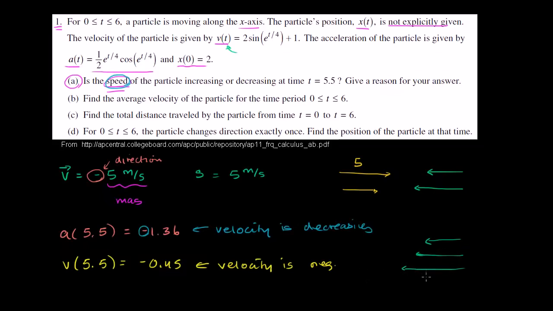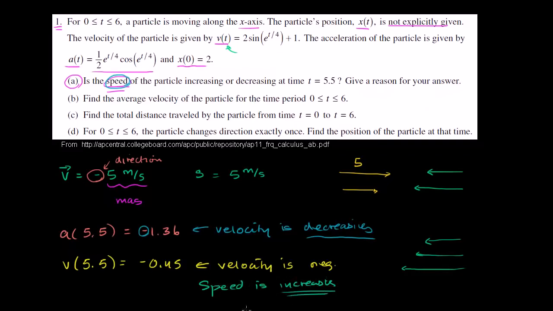So that means that the magnitude of the velocity is increasing. It's just going in the leftward direction. So if the magnitude of the velocity is increasing, although it's going in the leftward direction, that means that the speed is increasing. So this is one of those interesting scenarios. The velocity is decreasing, but the speed, which is what they're asking us in the question, speed is increasing.